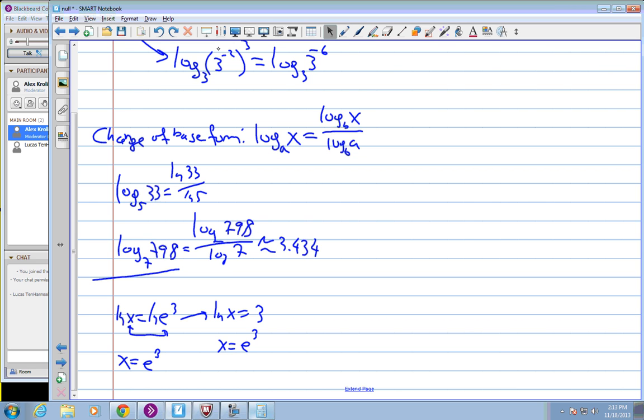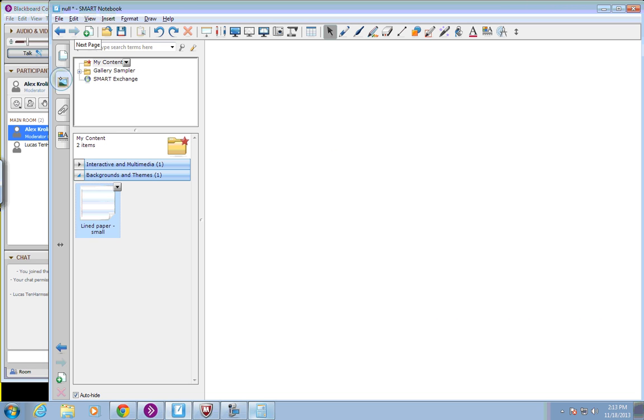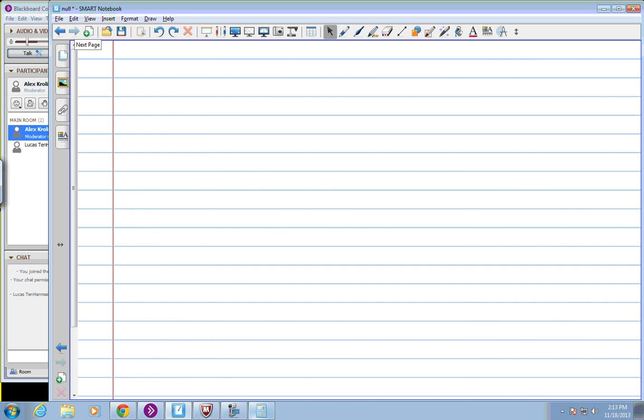This is a nice one. So ln of x squared equals 3. We have a single log equals a constant, so how do we solve that?